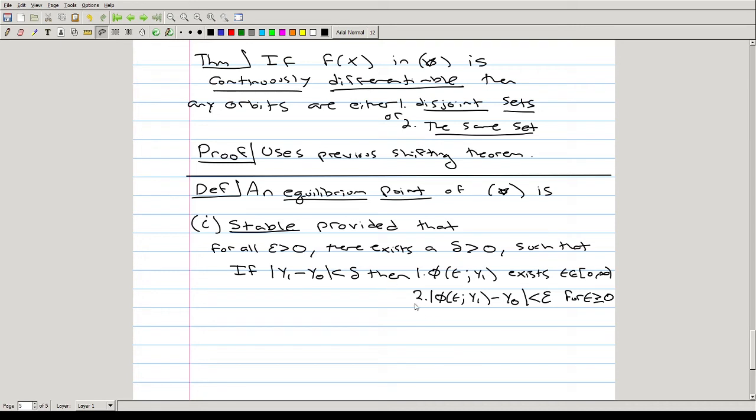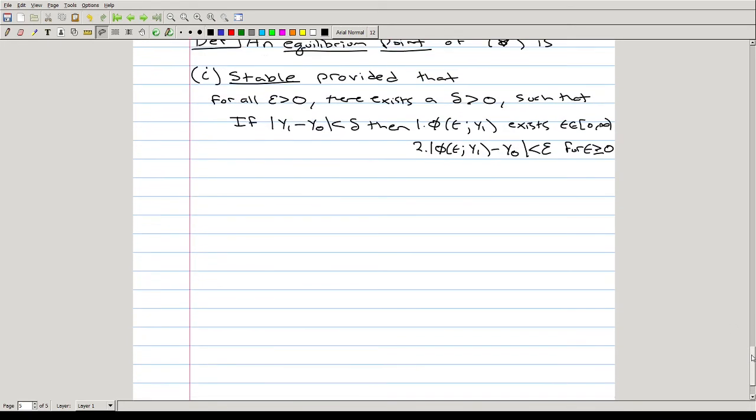So this is what a stable equilibrium point satisfies.